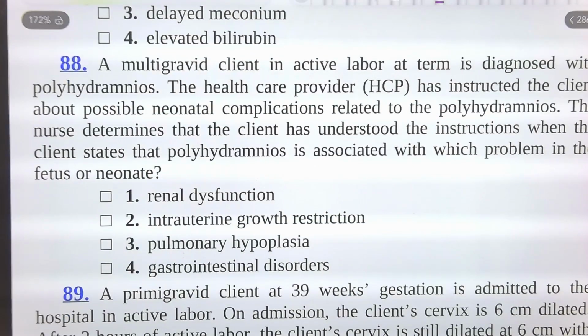Now next question 88. A multi-gravid client in active labor at term is diagnosed with polyhydramnios. The HCP has instructed the client about possible neonatal complications related to polyhydramnios. The nurse determines that the client has understood the instruction when the client states polyhydramnios is associated with which problem in the fetus or neonates.